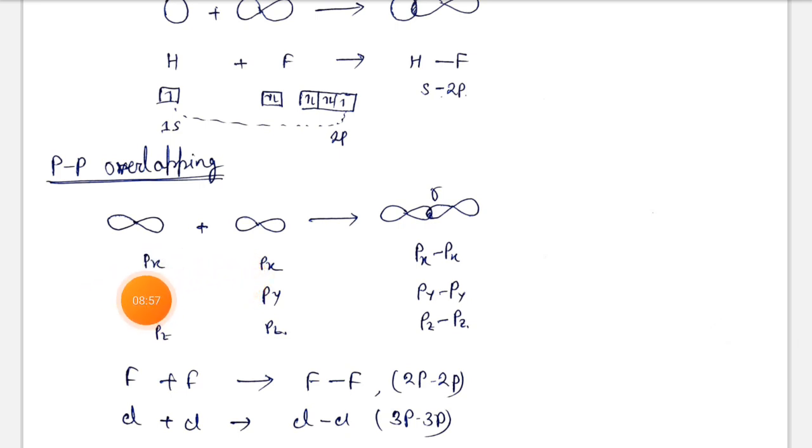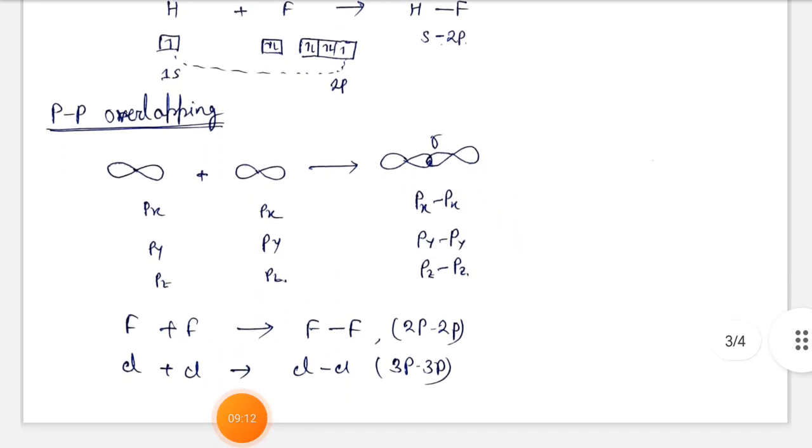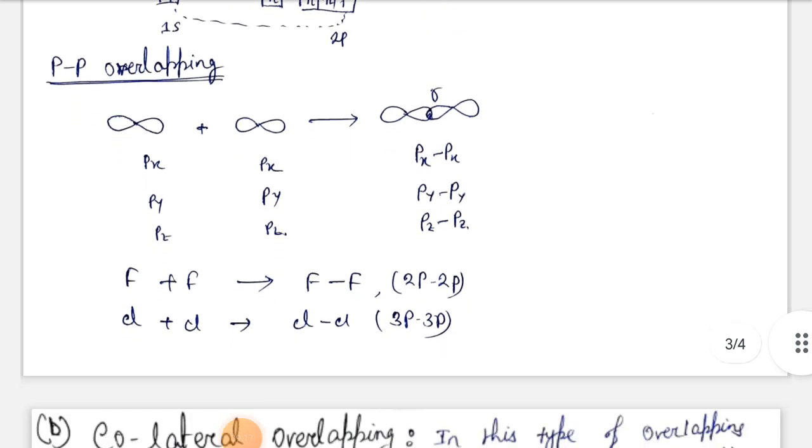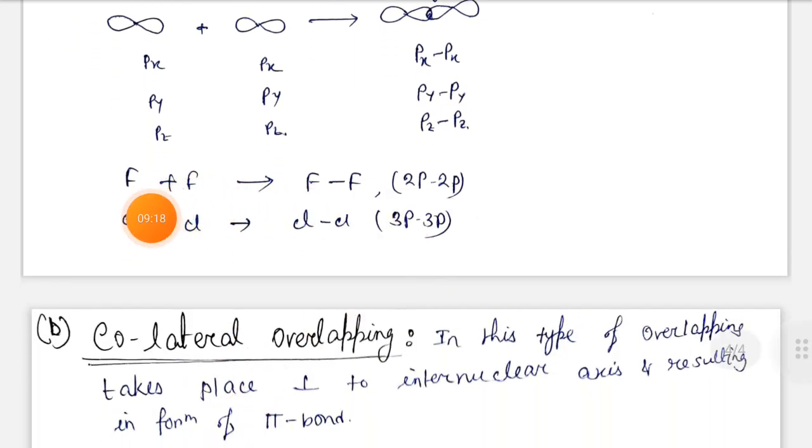If we take px or py or pz, then px-px or py-py or pz-pz is formed. This is also a sigma bond. So three types of overlapping are there: ss, sp and pp. In these a sigma bond is formed. If we take an example, that is fluorine, the F2 molecule, 2p overlapping is there. If we take the Cl2 molecule, then for chlorine, 3p overlapping is there.